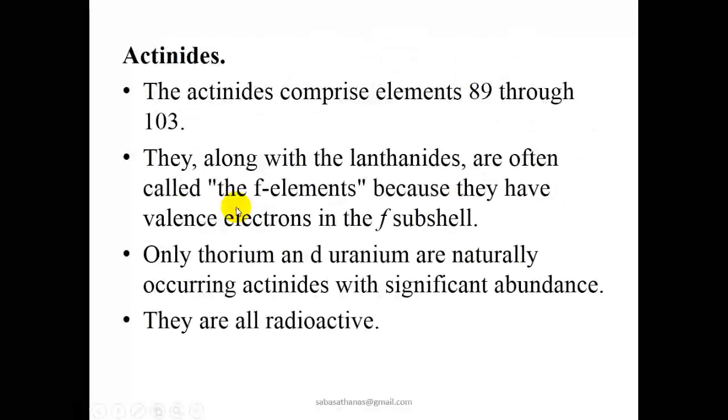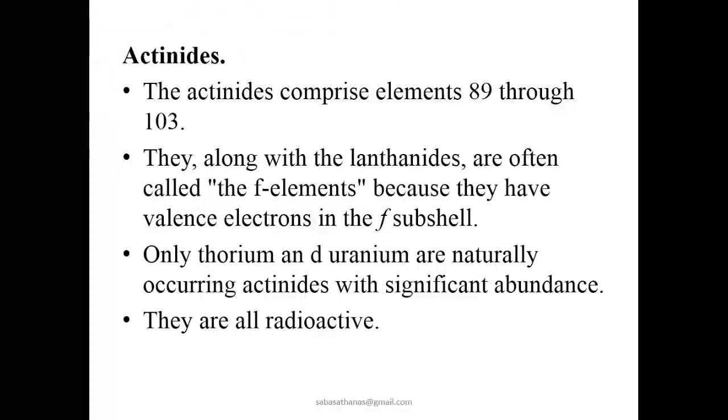Lakini actinides inaanzia 89 through paka 100, na ndani yake kuna element kwa 89, 90, 91 paka 100, na these along with the lanthanides are often called the f elements kwa sababu ipo kwenye f subshells, because they have valence electrons in the f subshells.